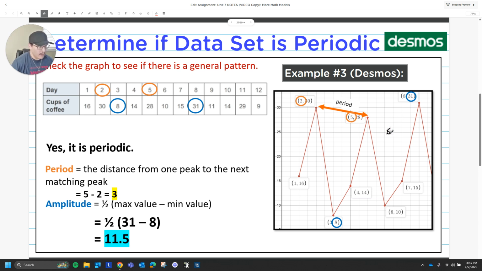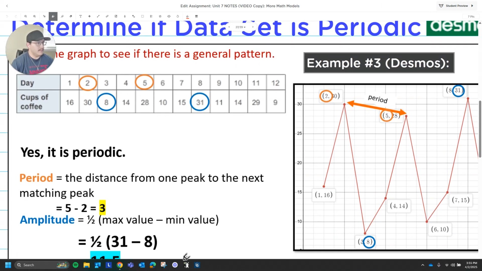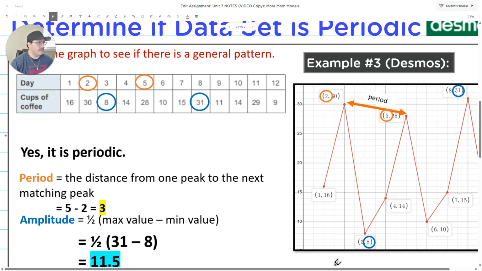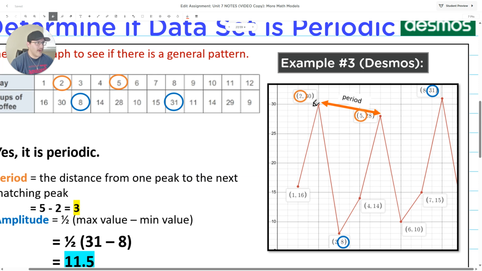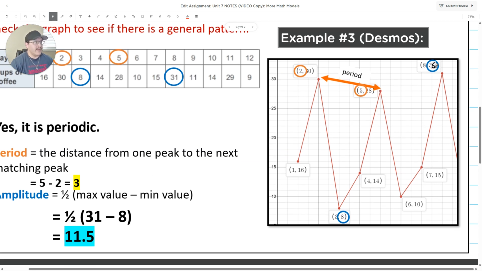Let me zoom in a little bit more. So take the x values of those peaks, subtract them, 5 minus 2, and you get 3. Take the highest part and the lowest part, use those y values, subtract them, and then take half of it, and you will get them.